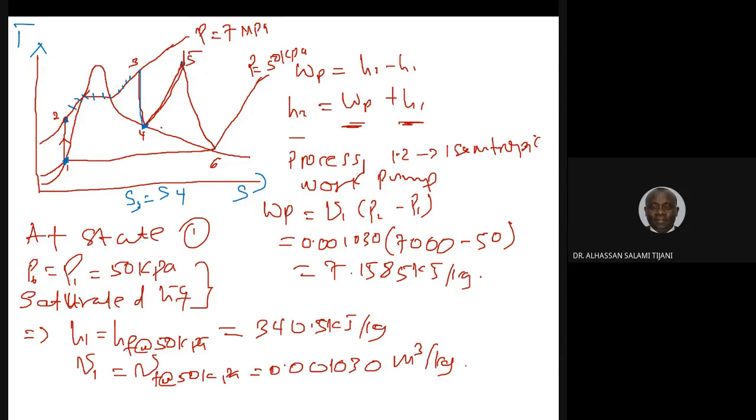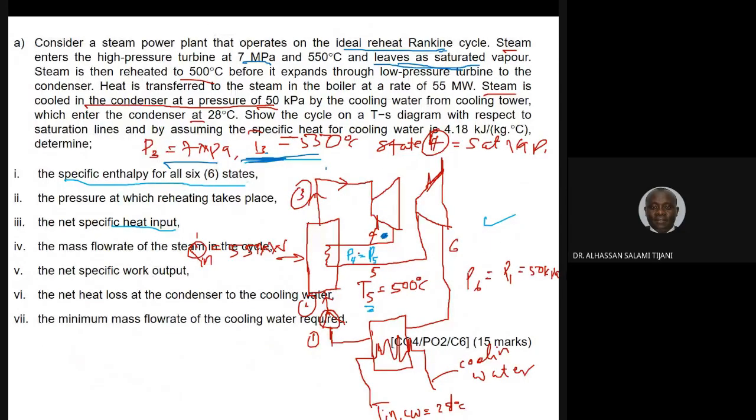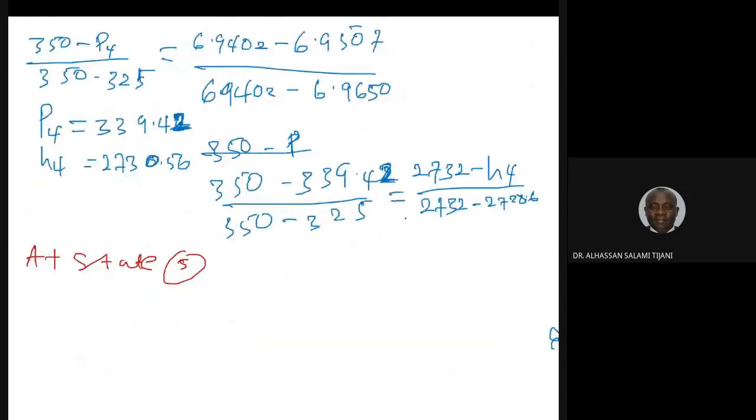In other words, the operating pressure for the reheater is the same. We know P4 already, so P4 equals P5. And what is it?